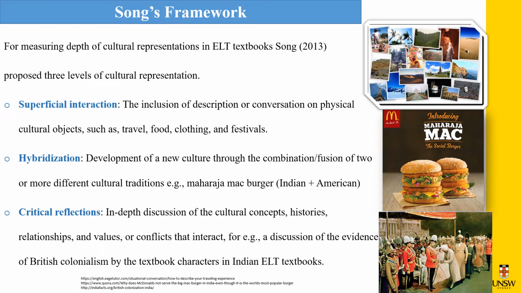Hybridization includes the development of a new culture through the combination or fusion of two or more different cultural traditions. Example, the fusion of Maharaja Mac burger. It's a mixture of Indian and American burger.